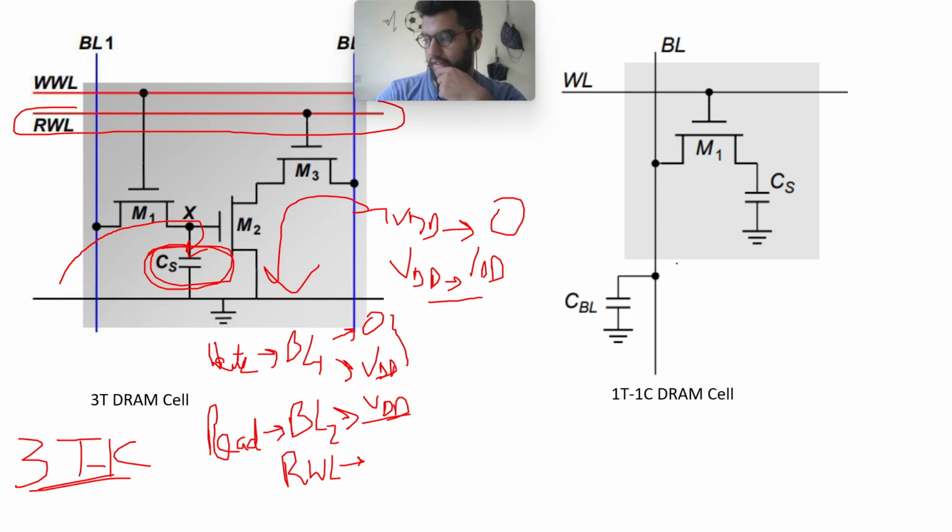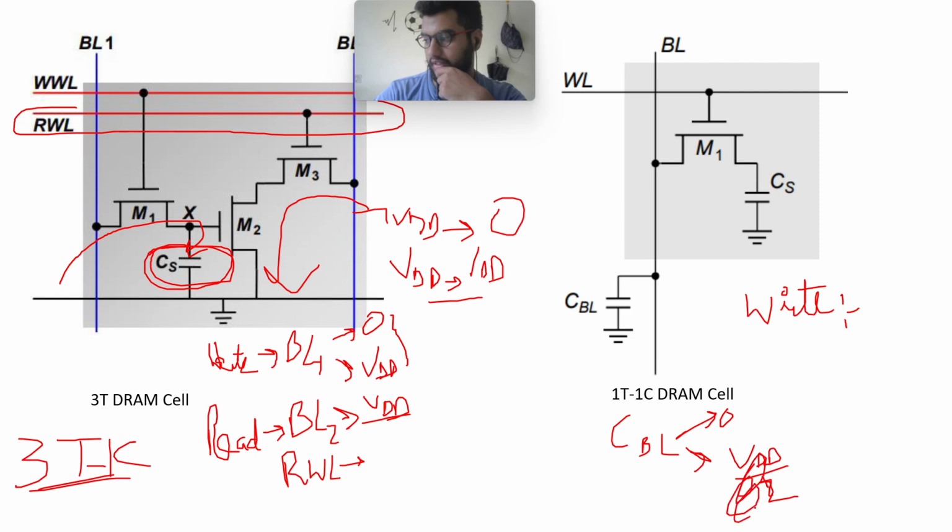First we'll discuss the write operation. Whatever value we want to store, we'll put it on the bit line capacitor CBL. CBL will be either grounded, that is 0, or precharged to VDD.